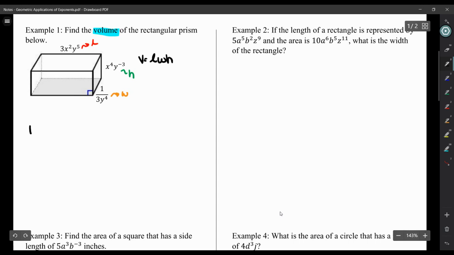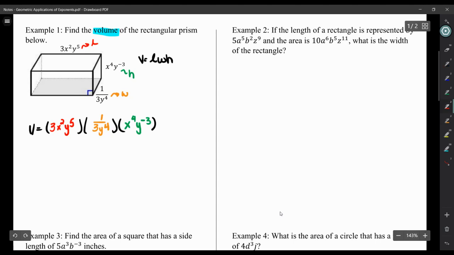So in order to find volume, we're going to multiply the length, which is 3x squared y to the 5th, times the width, which is the orange one, 1 over 3y to the 4th, and my height, which is the green one, x to the 4th, y to the negative 3. Now again, you can either use your exponent rules or your expansions.